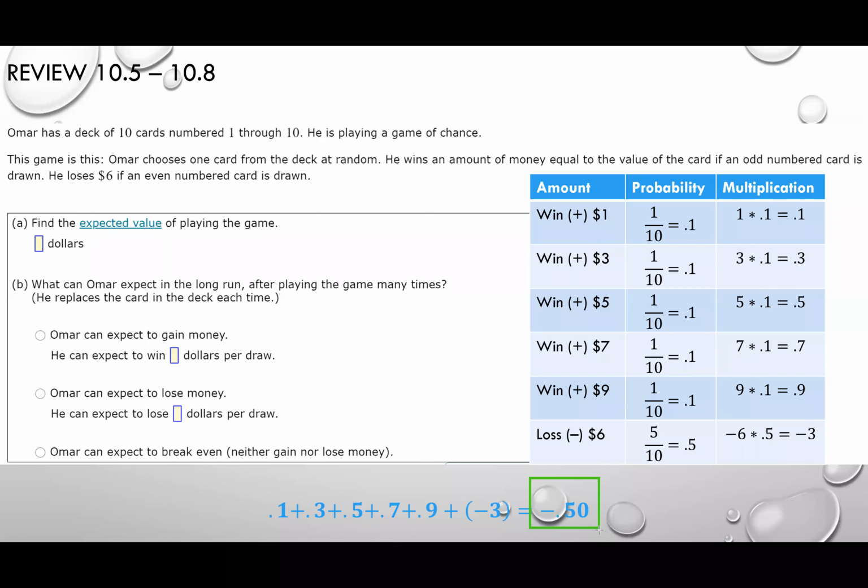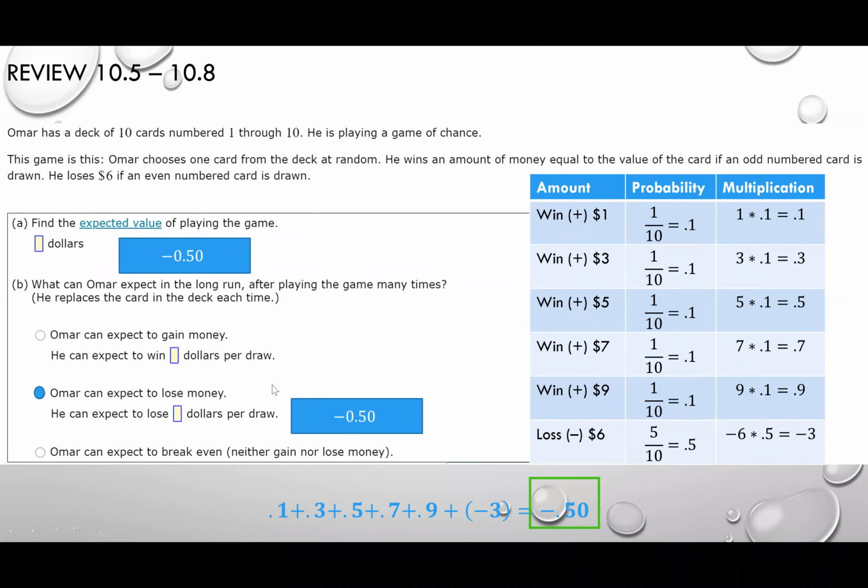In this case, because it's a negative, we are losing 50 cents. So again, what is the expected value? The expected value is a negative 0.50. Because it's a negative, we can see that in the long run, Omar expects to lose, and how much does he lose on the dollar?